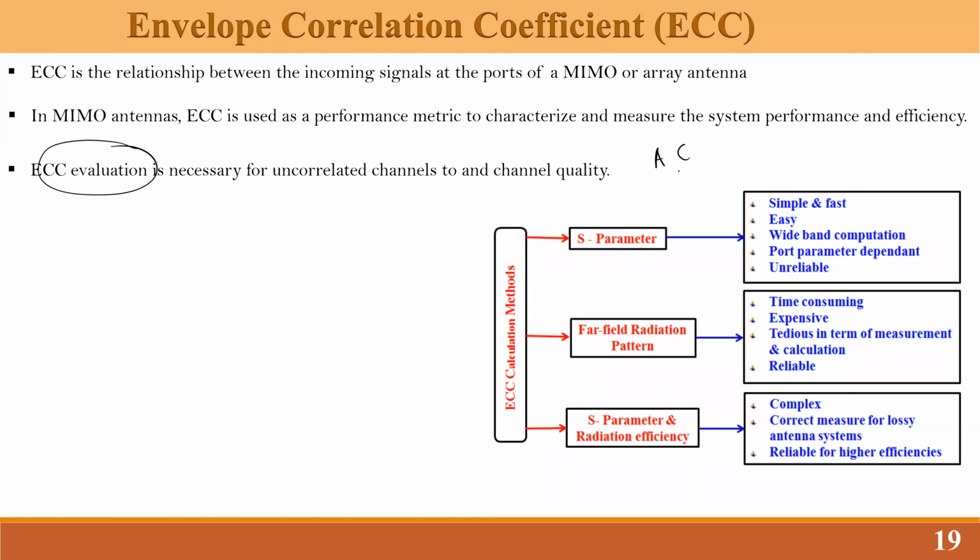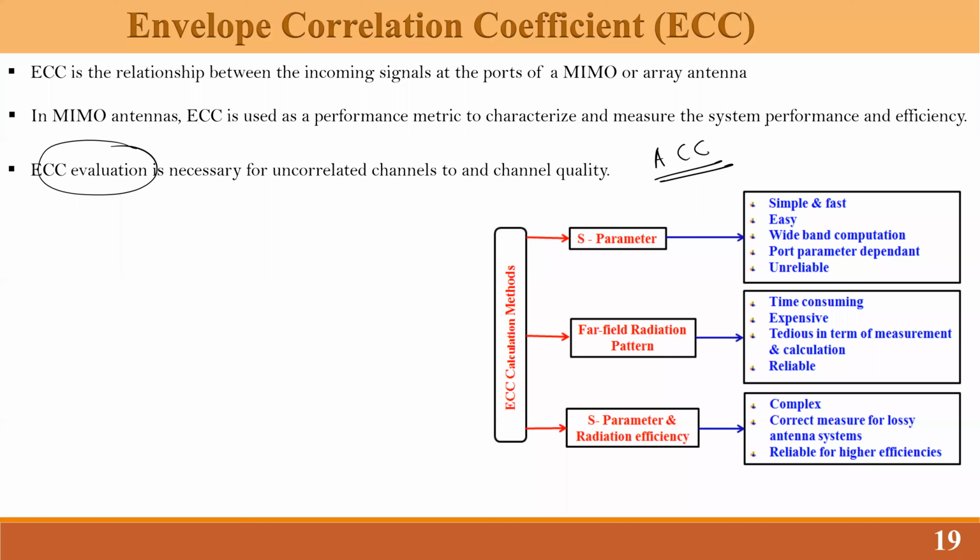To get the antenna correlation coefficient, you have to know the envelope correlation coefficient. The correlation coefficient can be based on power, on the signal, or on the envelope. But when you are talking about MIMO communications for an antenna-specific application, ACC plays a very important role. ACC you can calculate in a very straightforward way: the root of the ECC data will give you the ACC.